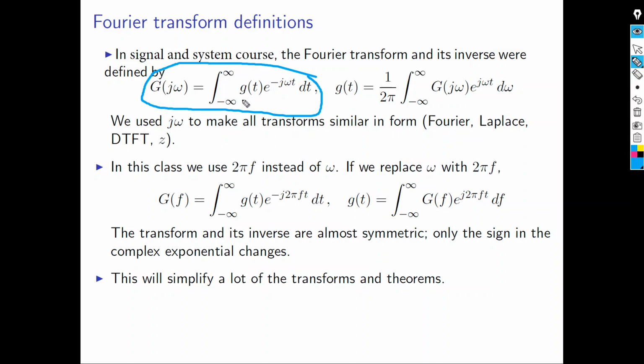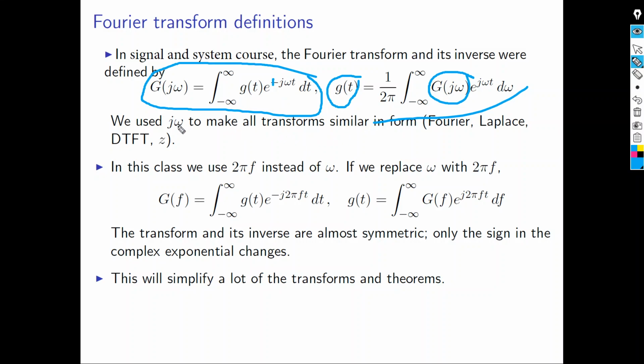Basically, you get this function g of t in time domain, and you multiply it by the exponential function e to minus jwt, and you integrate over t. And if I tell you find g of t, you just make this minus a plus, and put the frequency domain function inside the integration, and you get g of t in time.